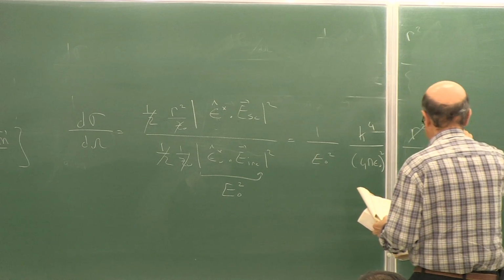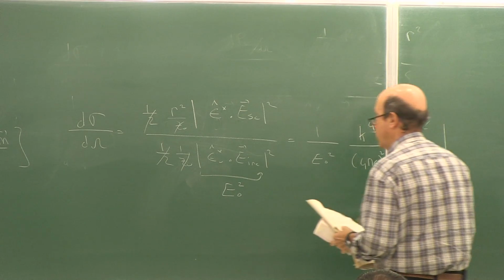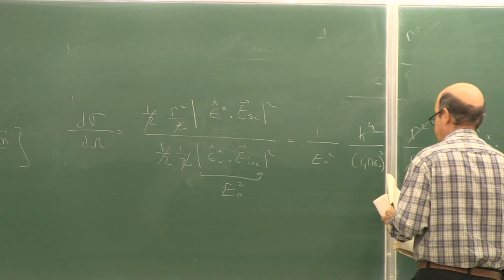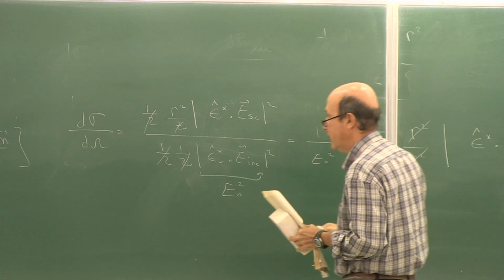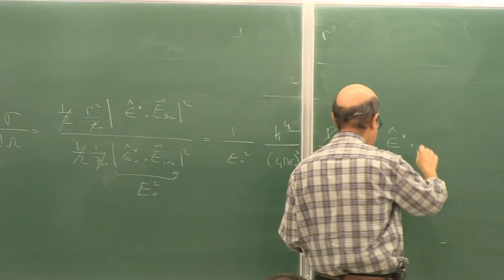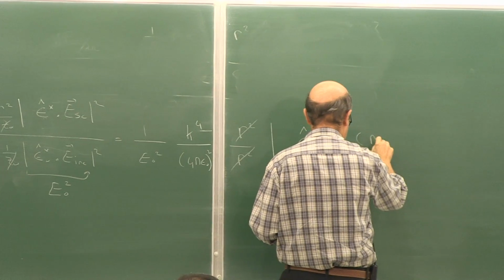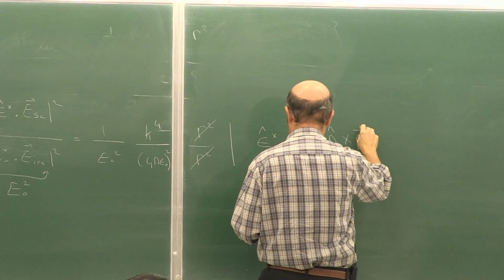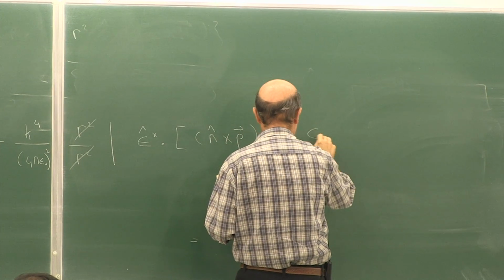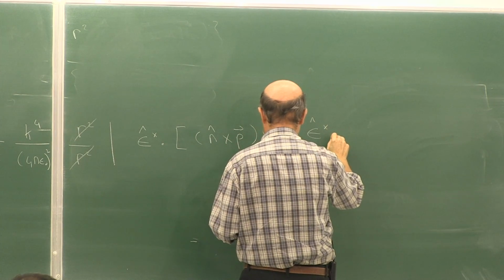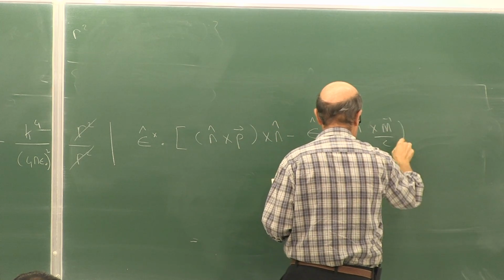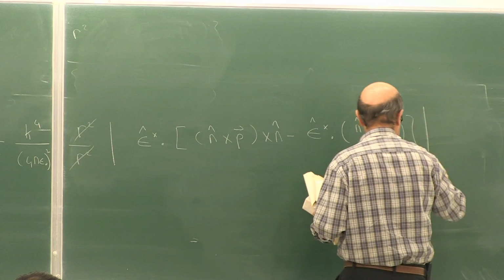And we have to calculate this epsilon complex conjugate dot with E scattered field, and that is nothing but n cross p cross n minus epsilon complex conjugate n cross m over c, and then take the absolute square.